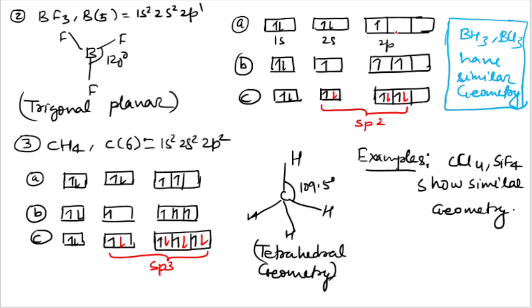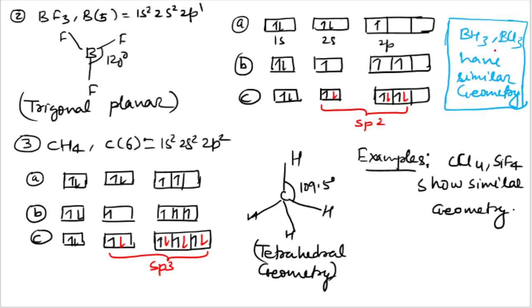One electron goes to another p orbital, so there are three unpaired electrons. In the next step, these three electrons will share with fluorine and form sp2 hybridization.